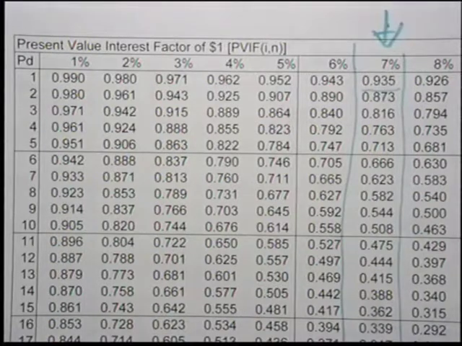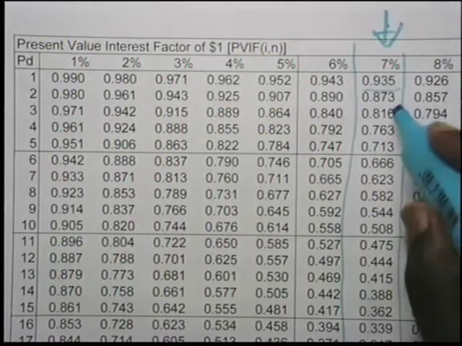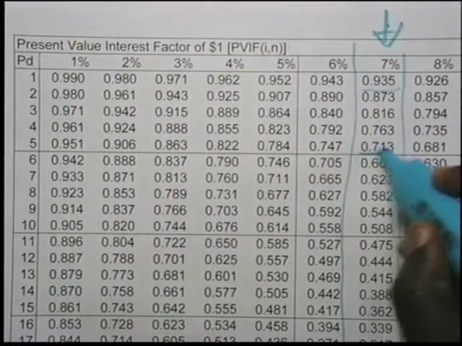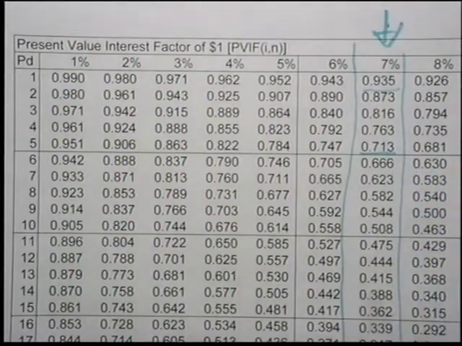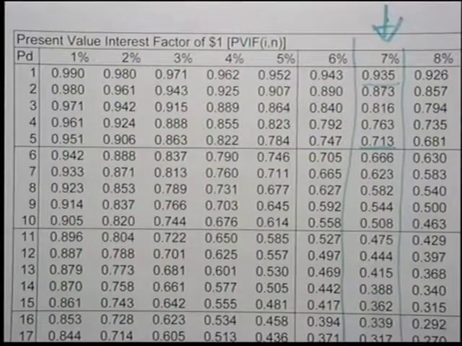If you go again to the end of year 1 on the slide, you see 0.935. That is the present value interest factor that we will be using. At the end of year 5, I've got 0.713. You see it's corresponding there. So these tables are already made for you.